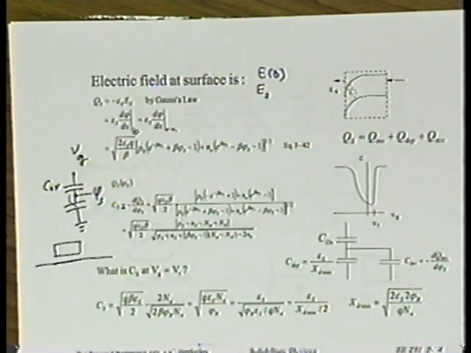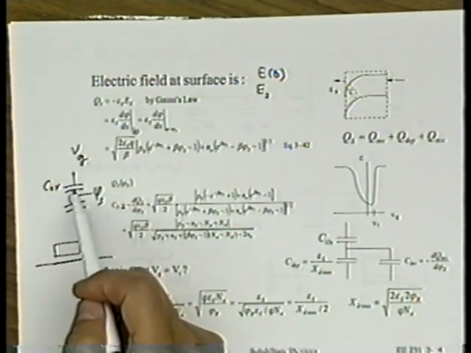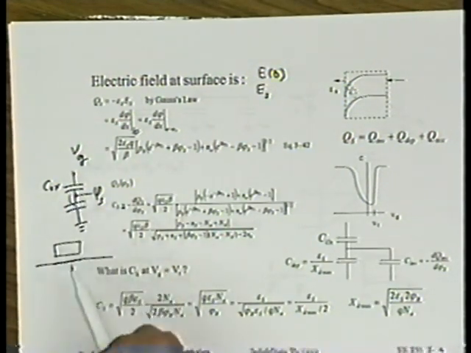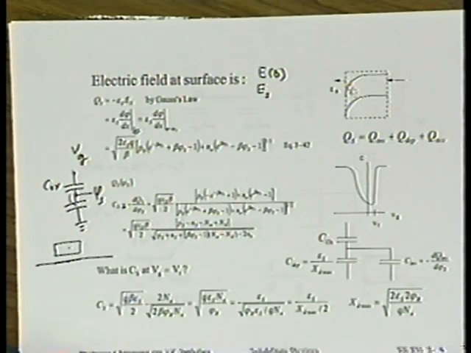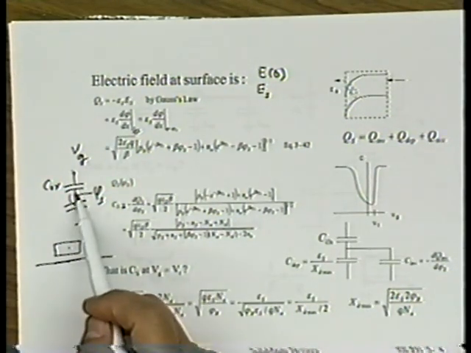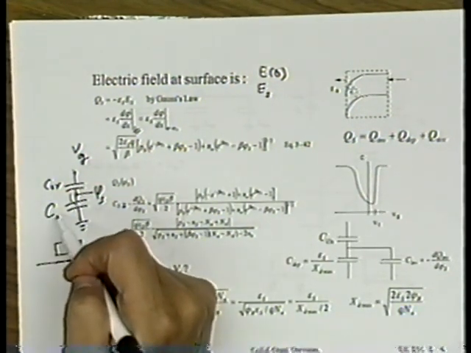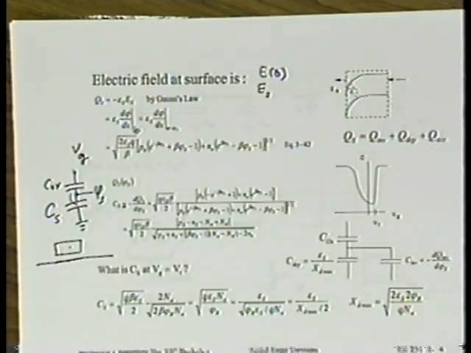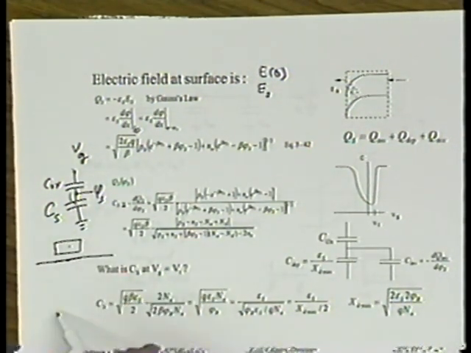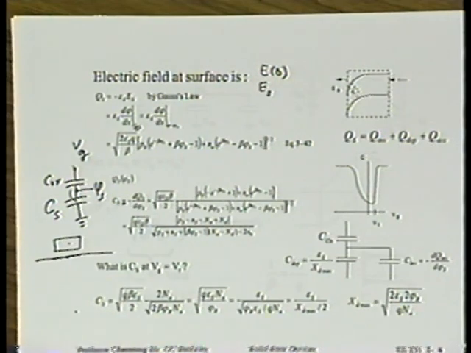Do you see what I'm saying? All right? So the oxide capacitor, for example, sits between Vg and phi s. Whereas the substrate capacitance, I'm going to define now a capacitance called the substrate capacitance, sits between the surface potential and the ground. Is that right?